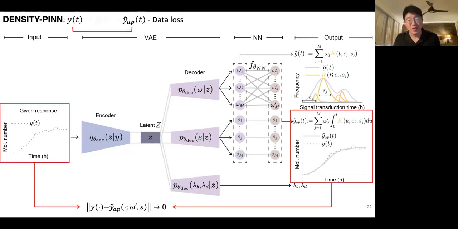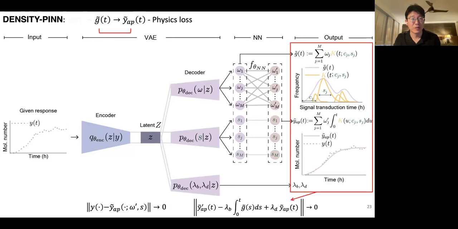Using the data loss term, we will make the difference between Y(t) and Y tilde approximation go to zero. And using the physics loss term, we'll make the difference between Y tilde and Y tilde approximation go to zero, so that we achieve the goal that throughout this density PINN, G tilde goes to G.